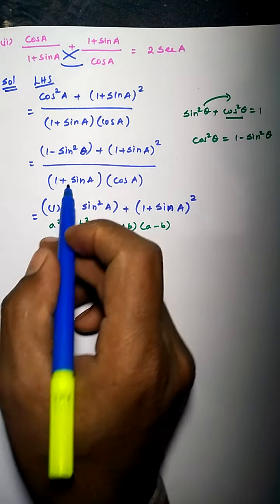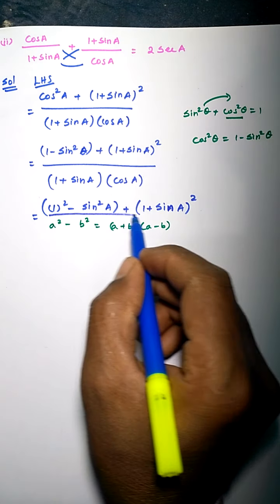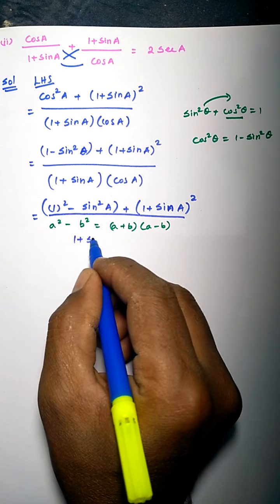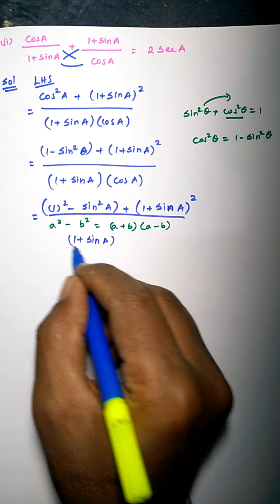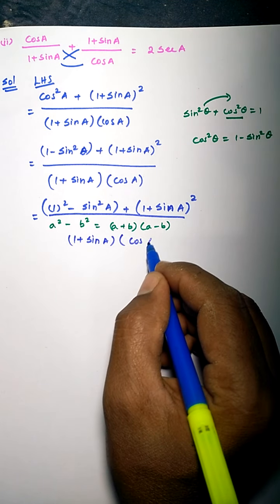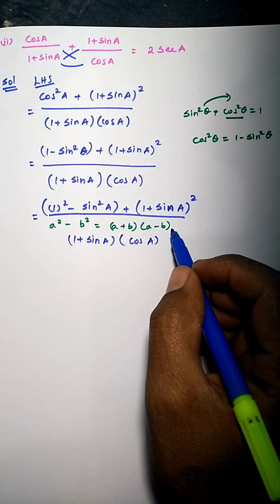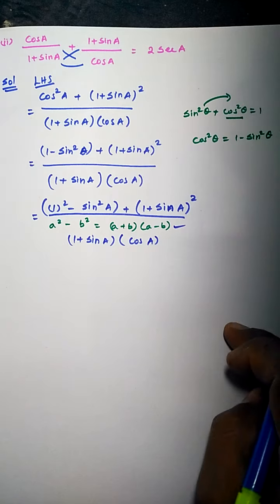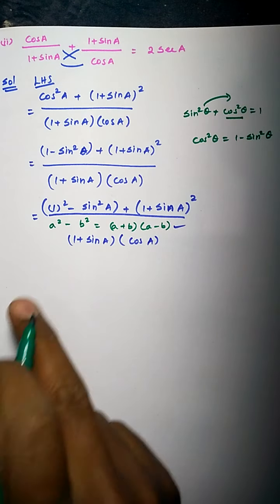The green color which I have written here is the formula we are using; that should be in the rough column only, don't write it in the answer. I'm writing it just for your understanding.